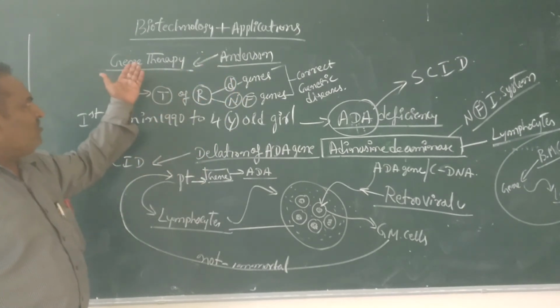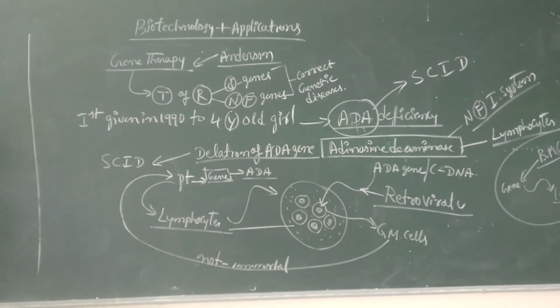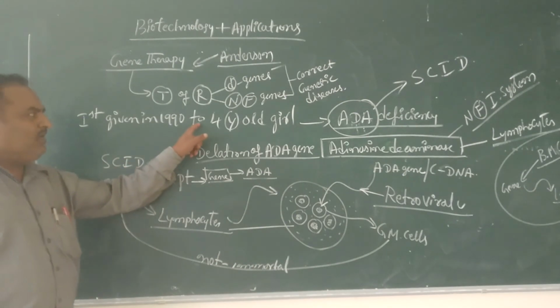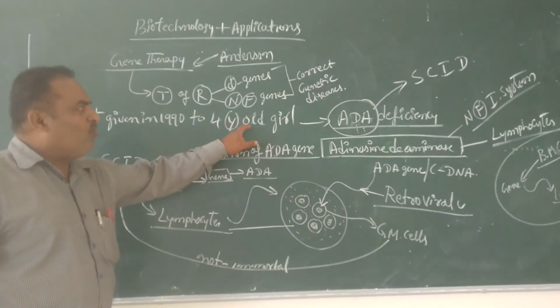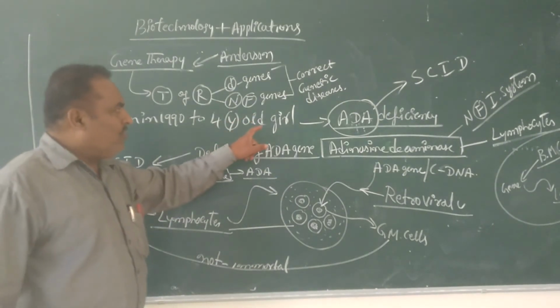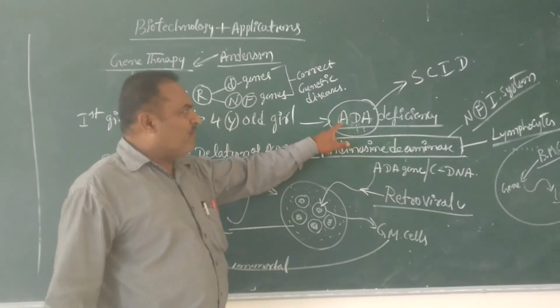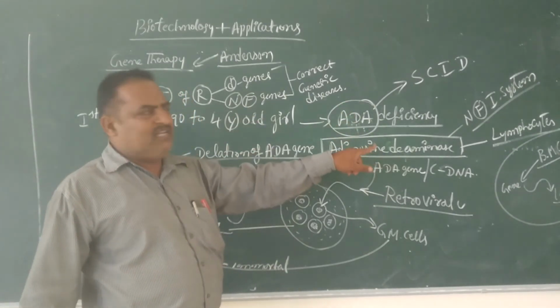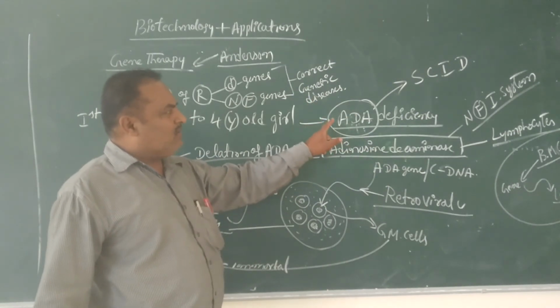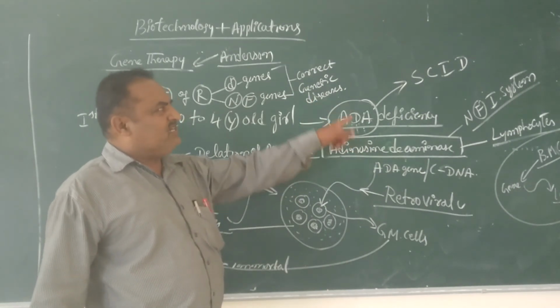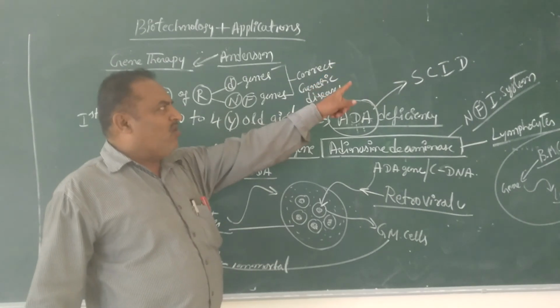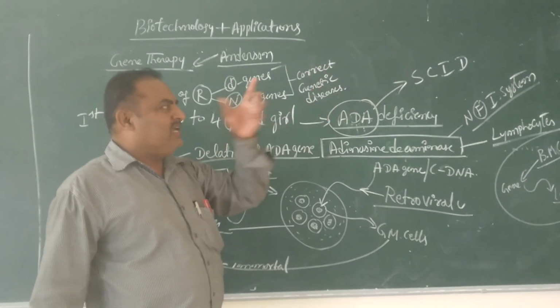That is the term called gene therapy. The first gene therapy was given in 1990 to a 4-year-old girl who suffered from ADA deficiency. ADA deficiency causes a syndrome called SCID.